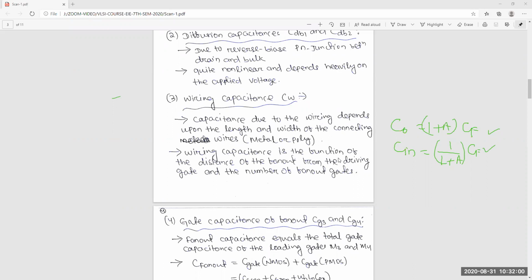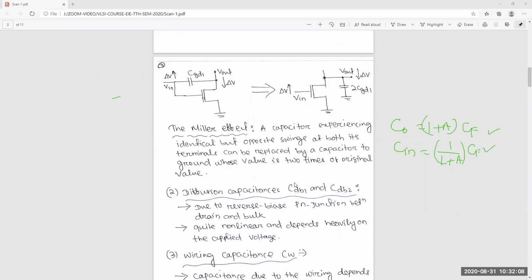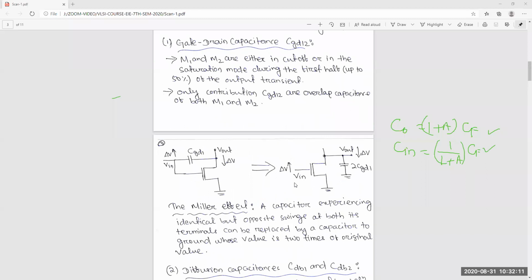Again, the wiring capacitance is a function of the distance of the fan out from the driving gate and the number of fan outs. What is fan out? Does anyone know? It is the number of outputs, or gates, that can be connected to a gate.